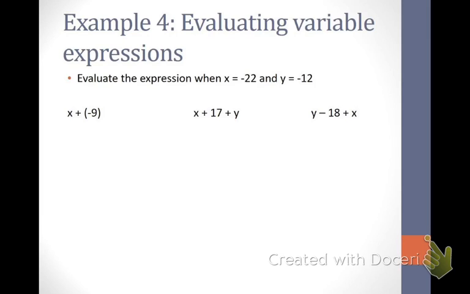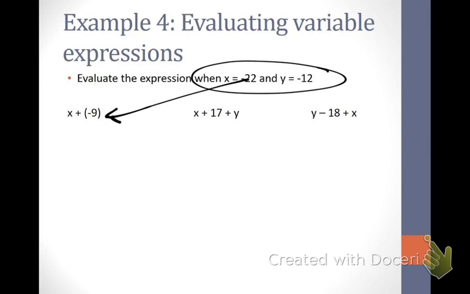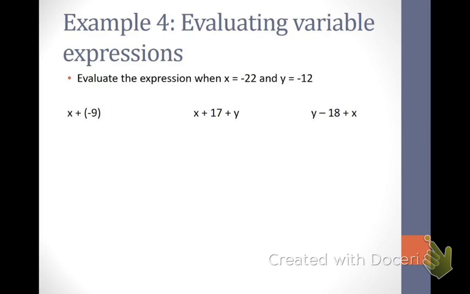But now we're going to take it one more step and make an algebraic application here. What does that mean? That means that I'm going to take these values, x equals negative 22 and y equals negative 12, substitute them into the expression, and solve. So I take a value, plug it in for a variable, and I solve.